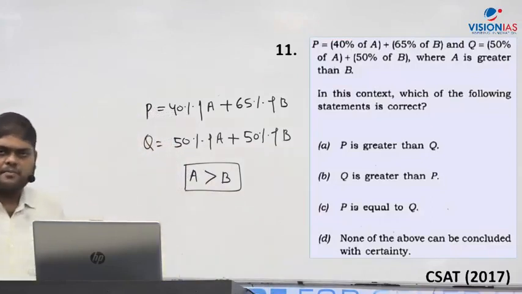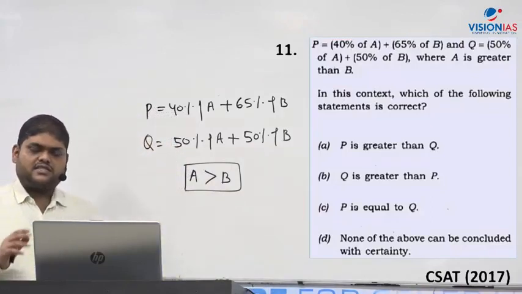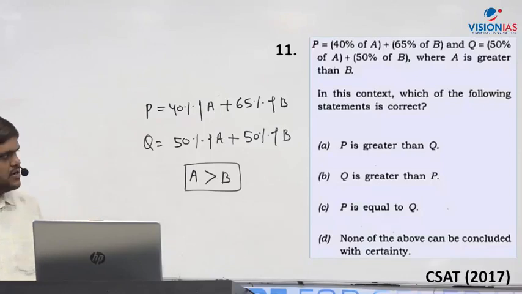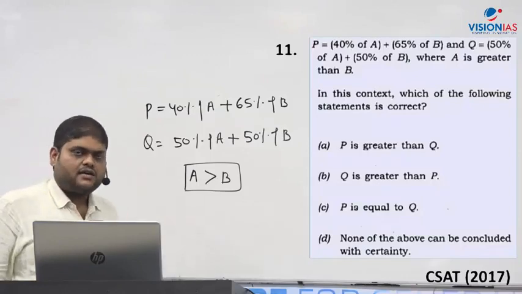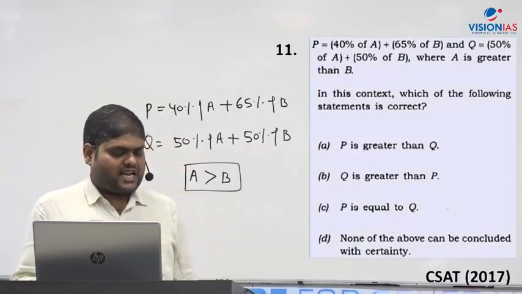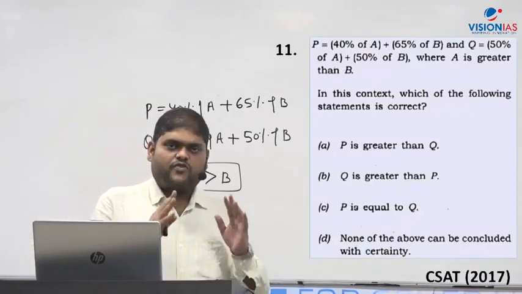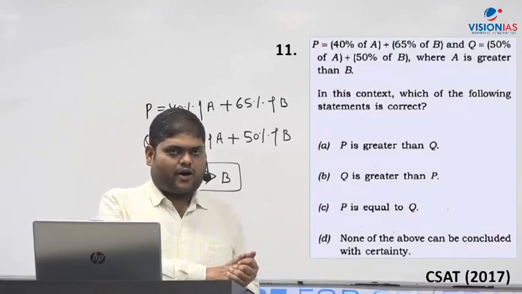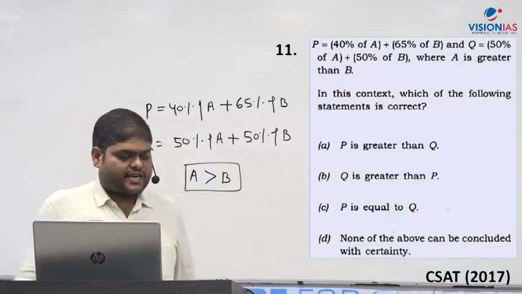In such problems, always the rule of rejection will work. What is the rule of rejection? You try to cancel out each option, and the option you are not able to cancel out will be the correct one.